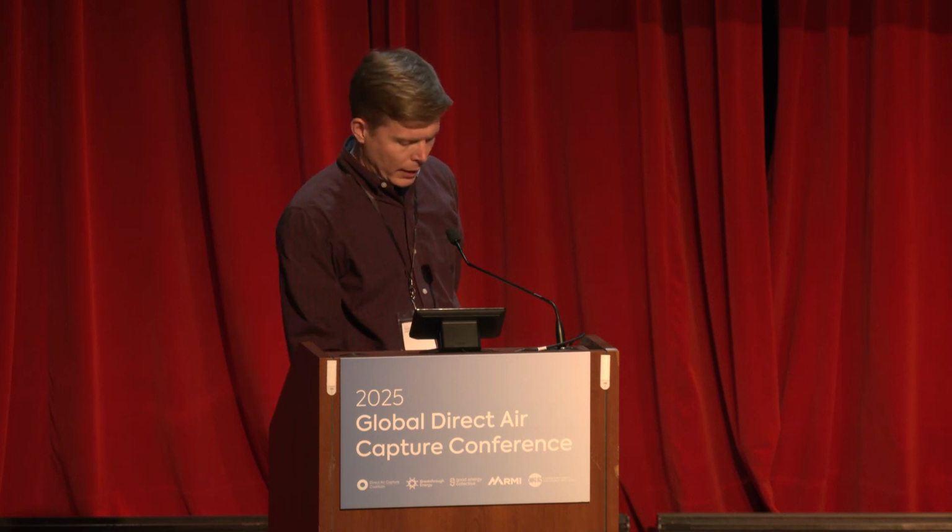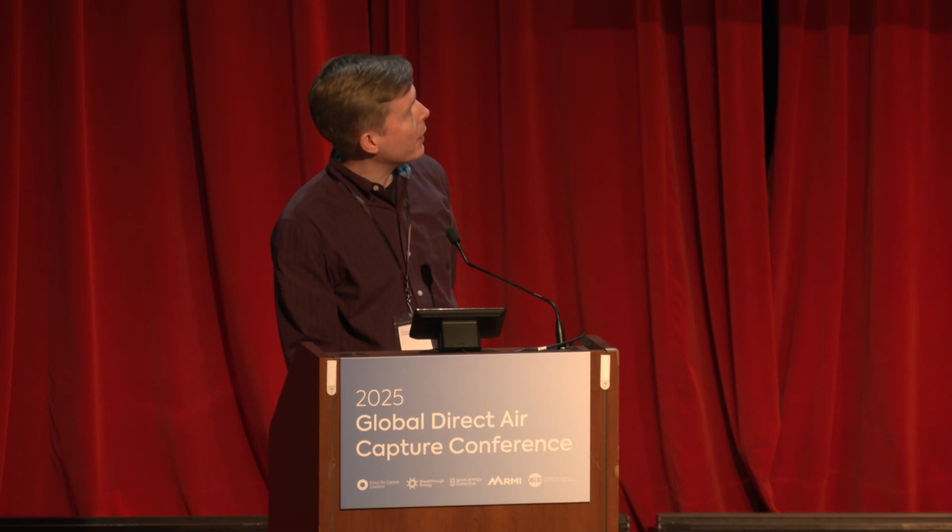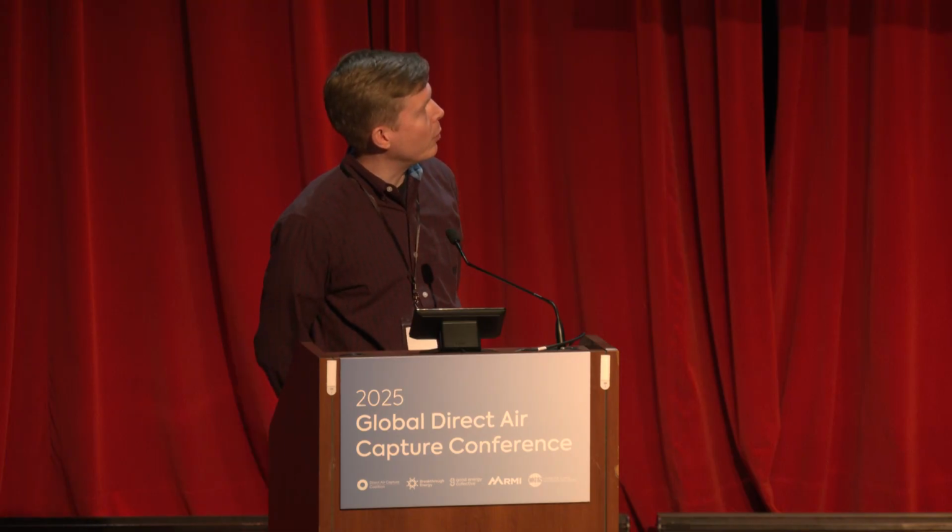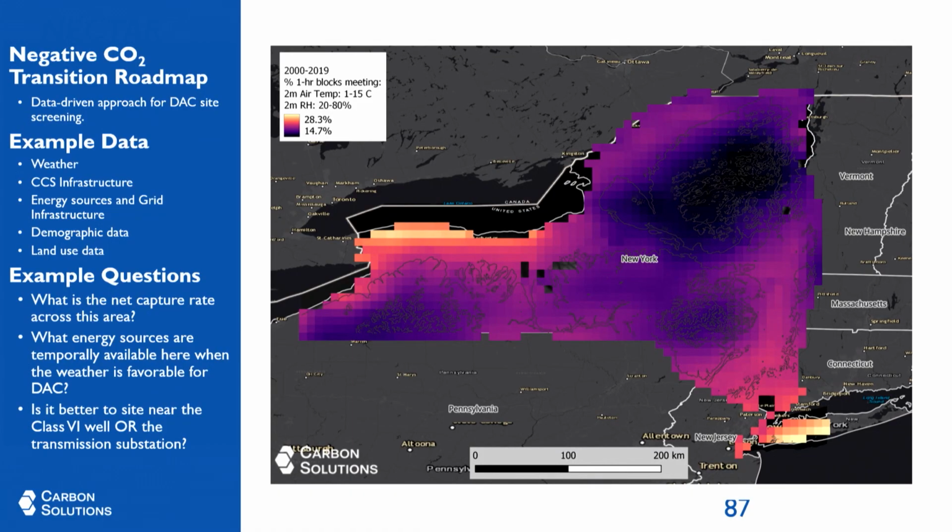And then more specifically to DAC, over the past couple of years, we've been developing a tool with some DOE funding to help people site DAC, looking at a variety of different things you might care about. A big one, of course, being weather. We just did an example here of New York because this is where we are for this conference. We have weather from the year 2000 to 2019, so 20 years' worth.